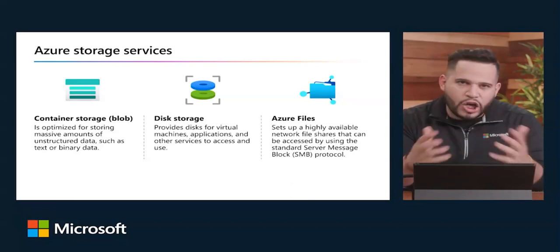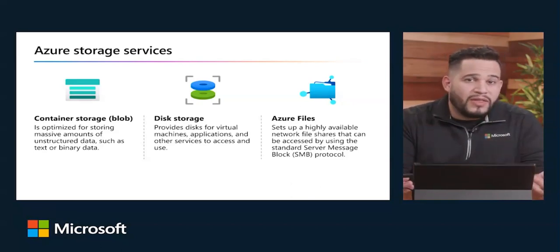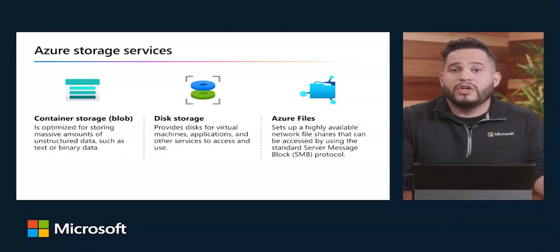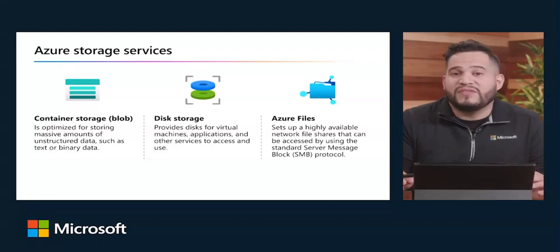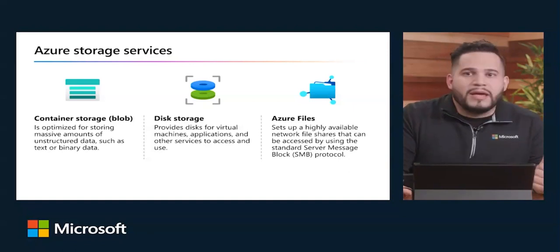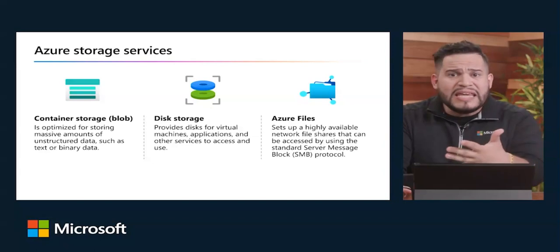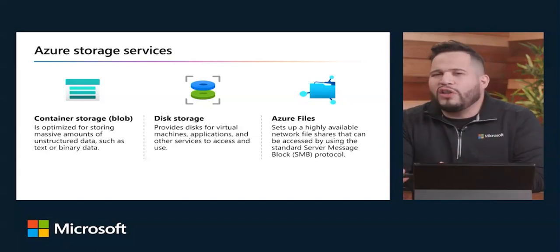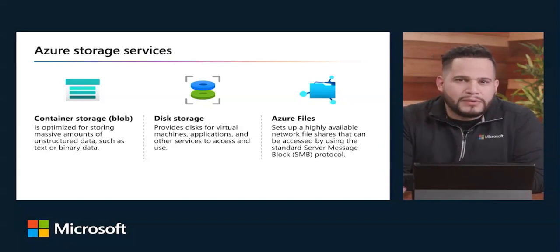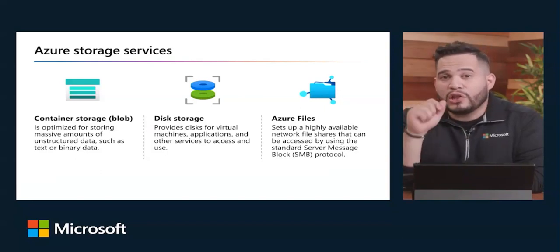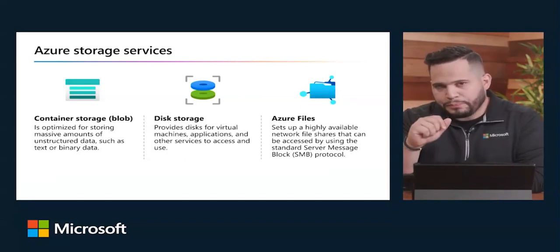And then unstructured data. Well, that's data that's just completely different from file to file. Usually, unstructured data can be classified as photos, images, audio files, binary files, text files, PDFs. These are all examples of container storage or blob storage, which is an acronym for binary large object.